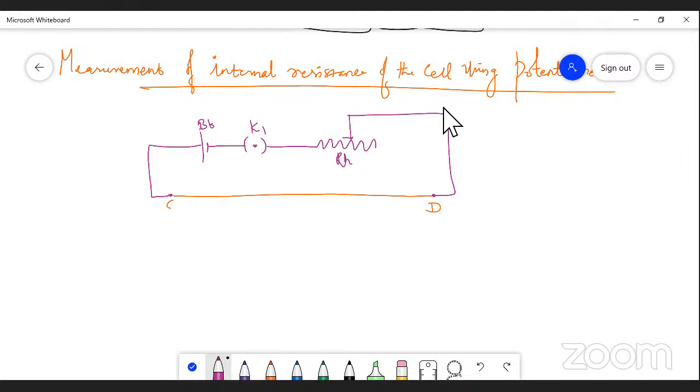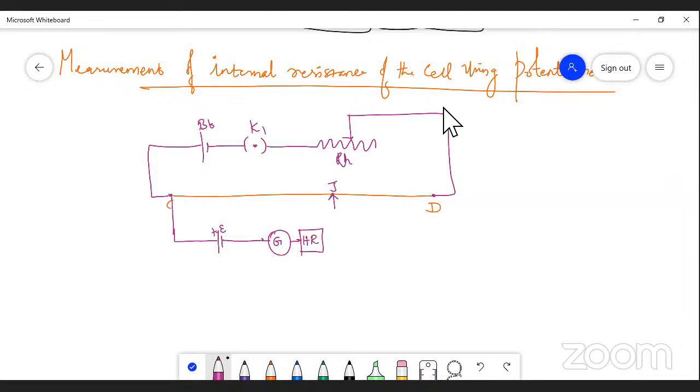Now, the terminal C is also connected to a cell of EMF E. So the positive terminal of the cell of EMF E is connected to the terminal C of the potentiometer wire, and the negative terminal of the cell is connected to the jockey through a galvanometer and a high resistance.